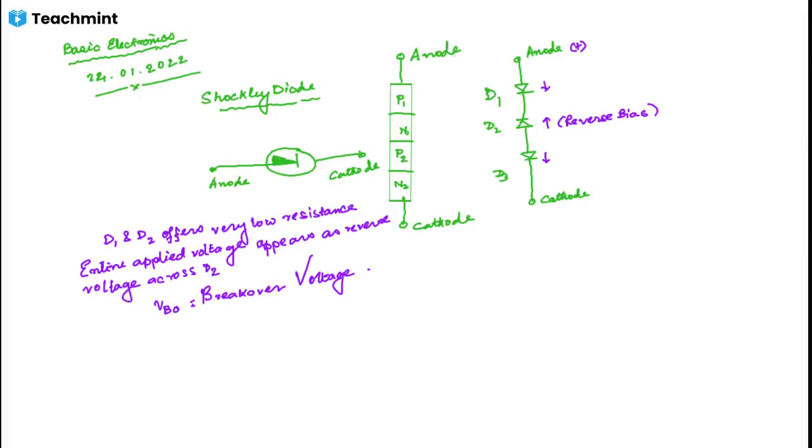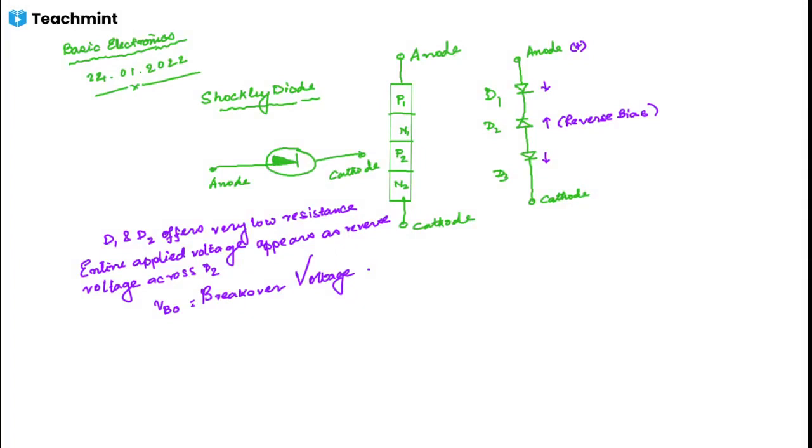Since this breakdown results in reduced resistance, the Shockley diode presents a very low resistance. From now onwards, the Shockley diode behaves as a conventional forward bias diode.